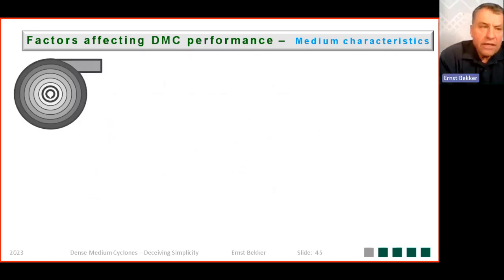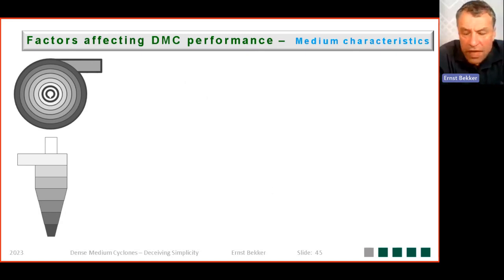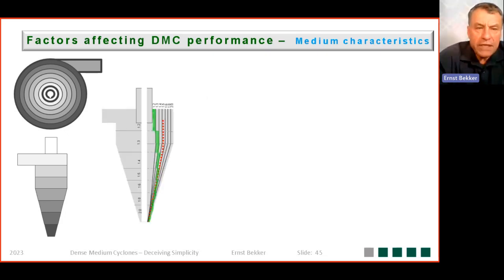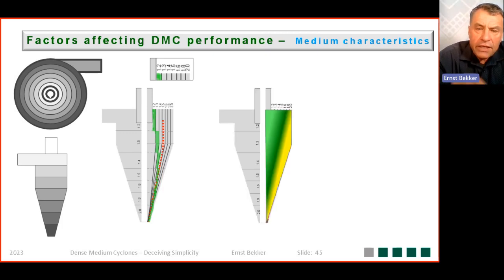We have looked now at the density profile in a radial format on the dense medium cyclone, and we've also seen that there is a density profile on the axial axis of the dense medium cyclone. So what I did was I tried to combine the two density profiles, and there's an illustration of what density profiles I've looked at, and you get to a picture that looks like this.